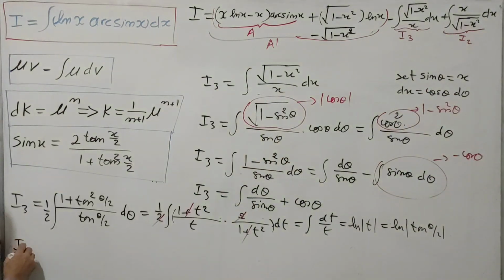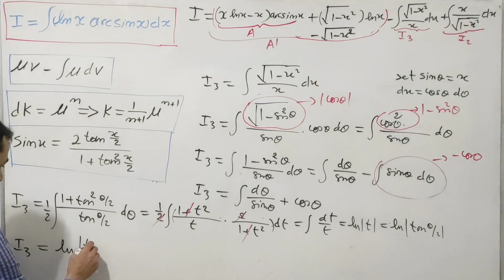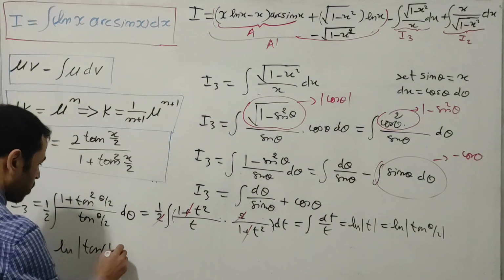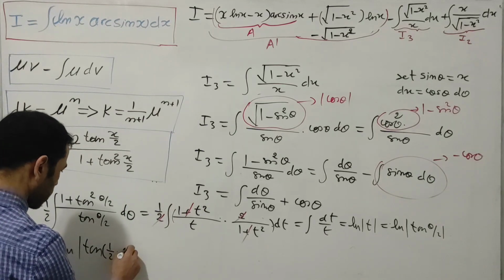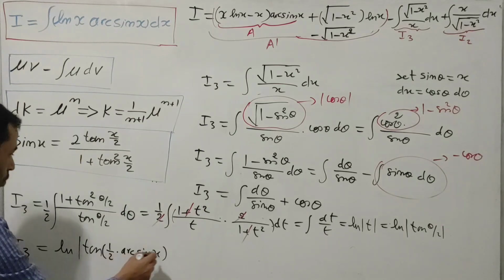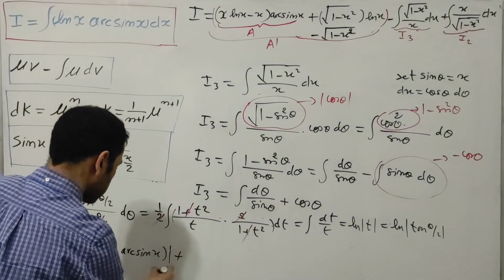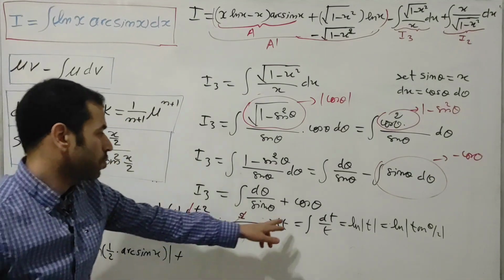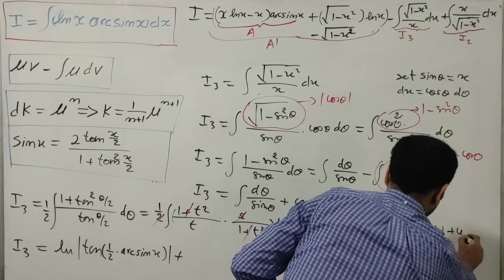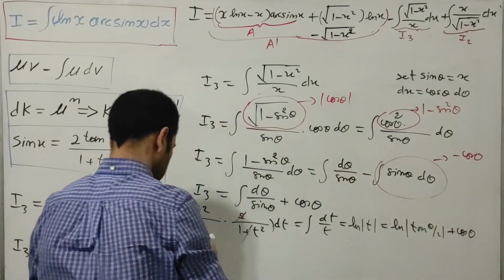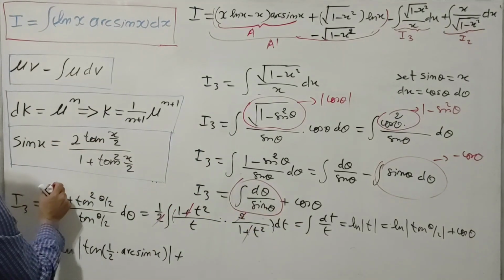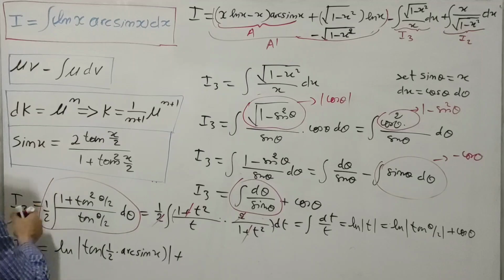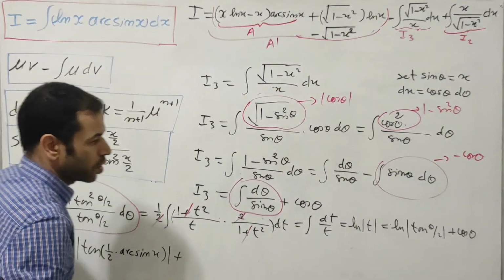We'll have I3 integral equals natural log of the absolute value of tangent of half multiplied by arc sine x, plus cosine theta term.